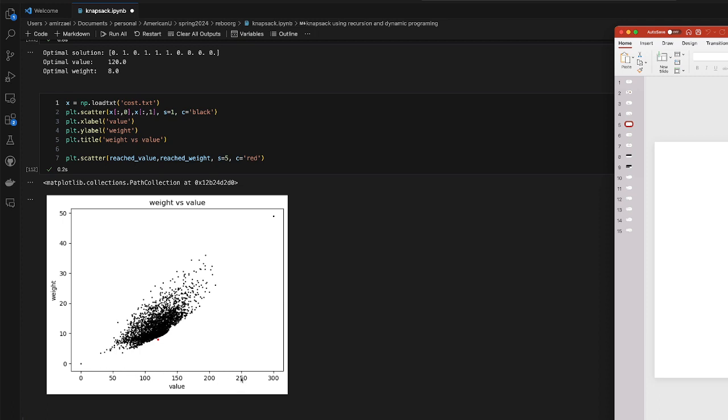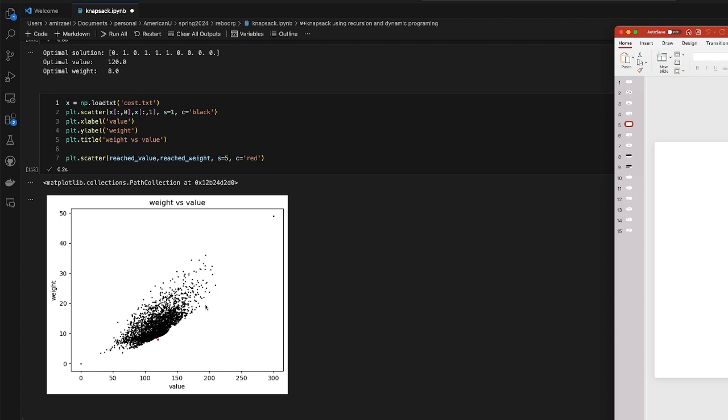As much as we can, we pick and put in the knapsack. So the more we go to the right, the better. But for weights, we want them as small as possible, because we want to pick more. If the weight of the items we picked is smaller, this is better for us. So weights want to go down, values want to go right.